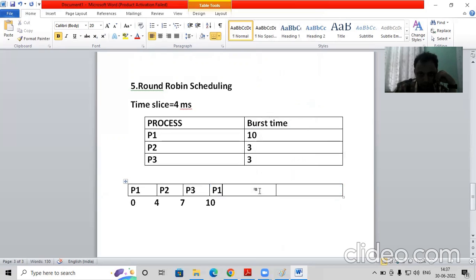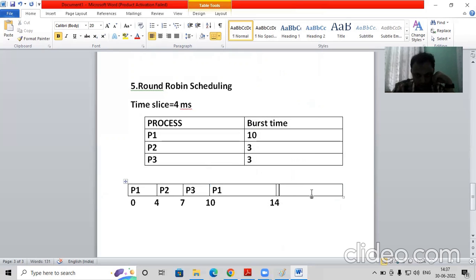Here P1 will run for 4 milliseconds: 10 plus 4 means 14. The remaining time is 6 minus 4, which means 2.